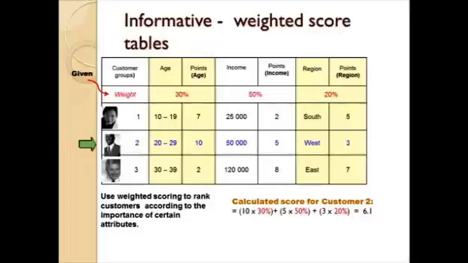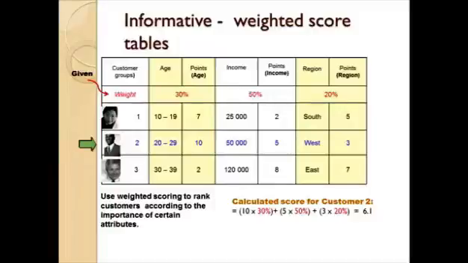Again, the weights are given based on historical data or some knowledge that we obtained somehow, somewhere. We decided that 30, 50, and 20 is a proper distribution of weights.